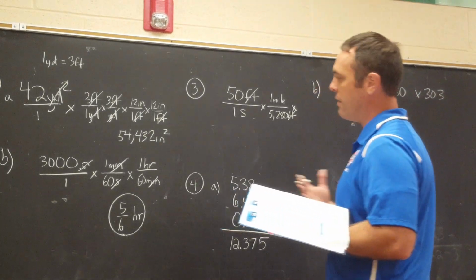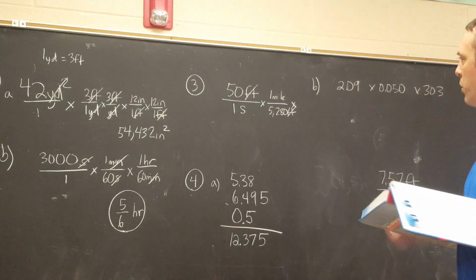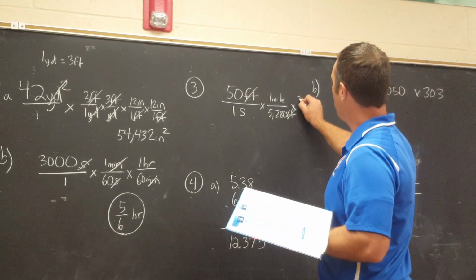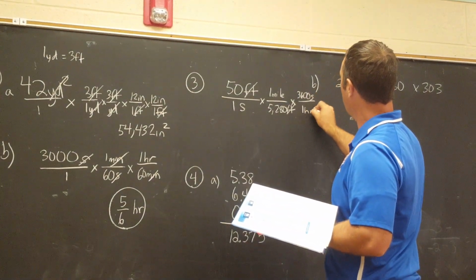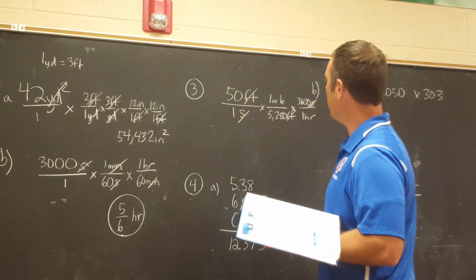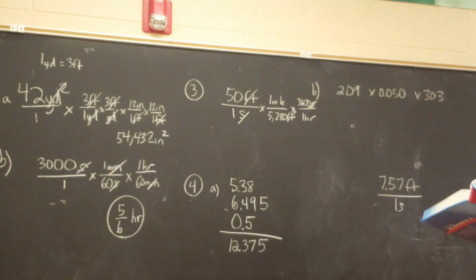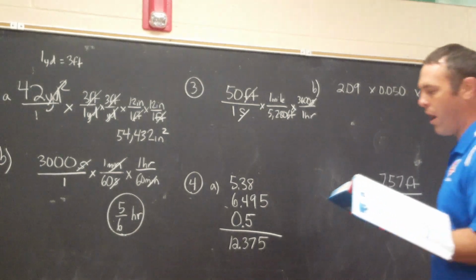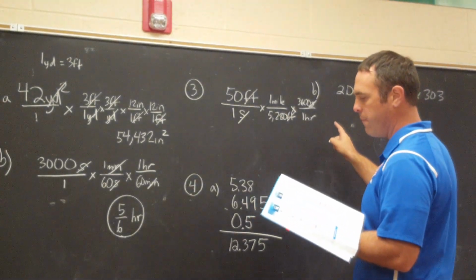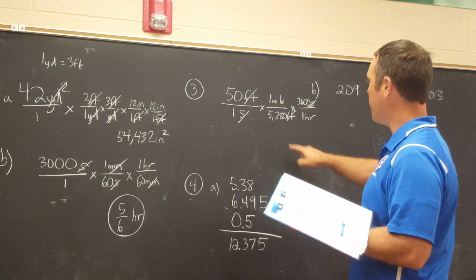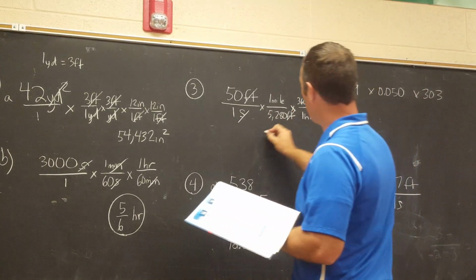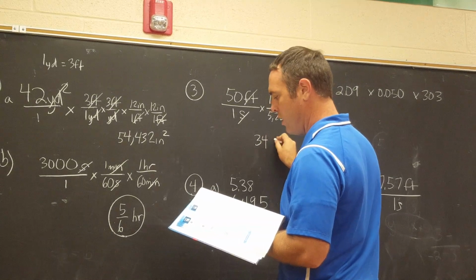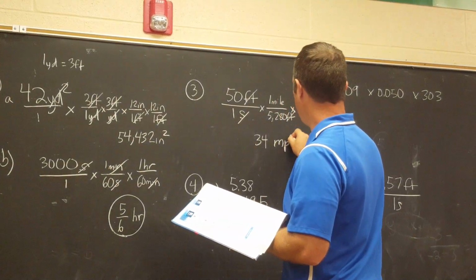If you know 60 times 60 is 3,600, we can do that in 1 step. 3,600 seconds is equal to 1 hour. Cancel out our seconds, and now we have this in what they asked for, miles per hour. Multiply everything in the numerator, and the denominator is just 5,280 times 1. When we divide, put that in your calculator, we should get 34 miles per hour.